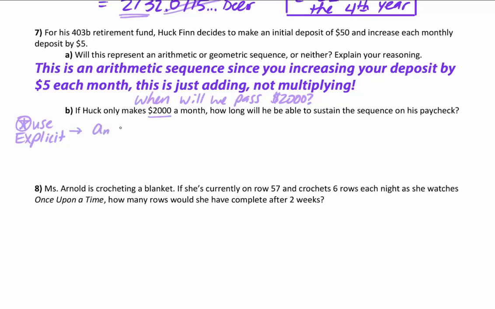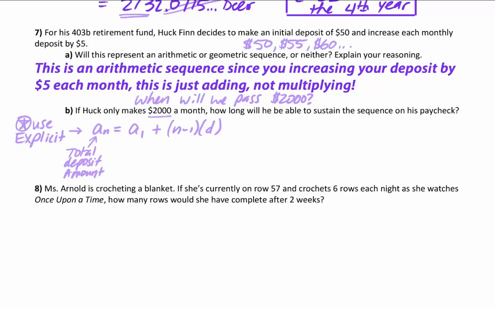So it starts off with A_n equals. It has A1, and because it's arithmetic, we are adding. We have n minus 1 times d. So to break this apart, A_n represents the total deposit amount. So that would be like saying, hey, the first month he puts $50 in, the next month he puts $55 in, the third month he puts $60 in, and it just keeps on growing.